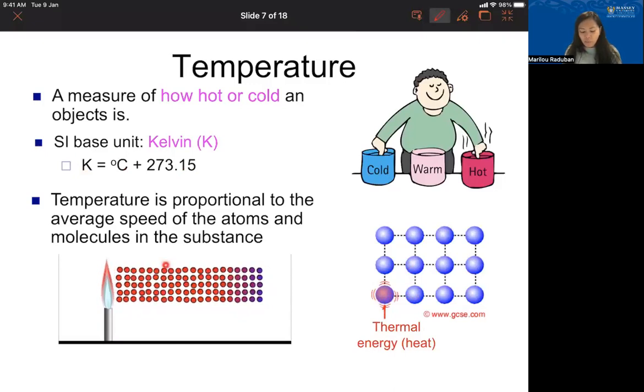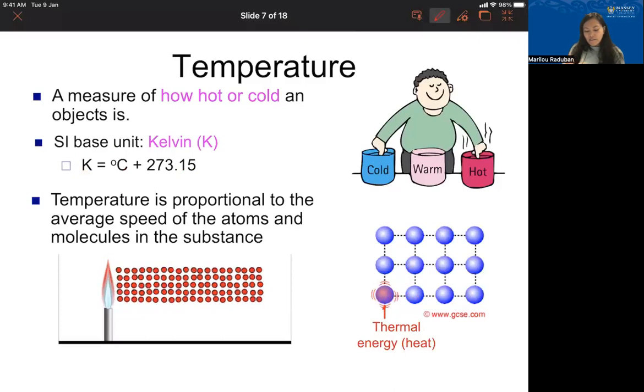The atoms vibrate with similar speed, and you see here they're all red, meaning they all have the same temperature. So if you look at the microscopic picture of temperature, it tells us about the vibrations of the atoms that make up the material that is becoming hot.